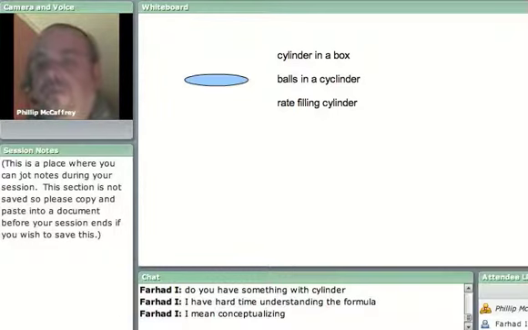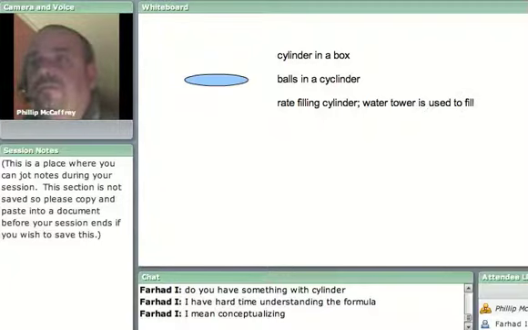So one of the questions could be, like a water tower is used to fill a rectangular pool. That's actually a pretty good question.